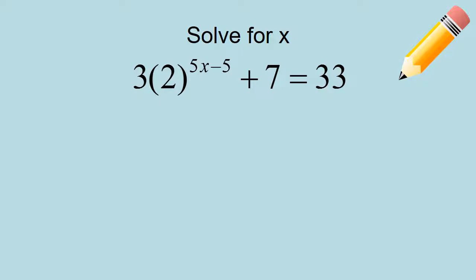For example here, let's look at one more example. I'm going to subtract that 7 over first. Notice that that 3 is out front. So in that case, I need to divide both sides by 3 to get rid of that.